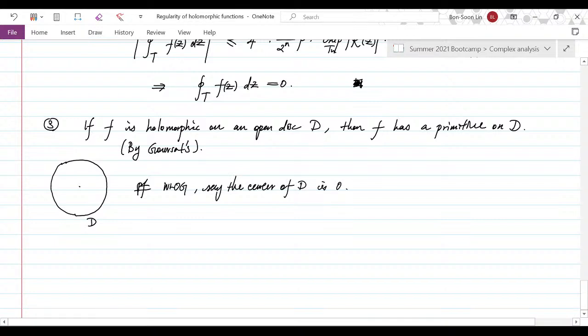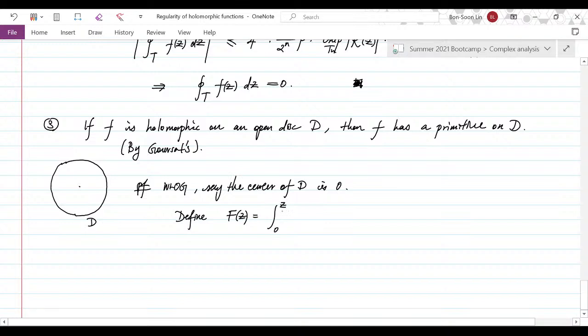Now, what is it that we want? Well, we know that it is holomorphic, and what we want to do is to construct a candidate for a primitive. We want to construct a function whose derivative is little f. So what we will do is this. We'll define this big F function, F of z, for each z in the set D, to be, well, how about just the line segment integral from 0 to z.